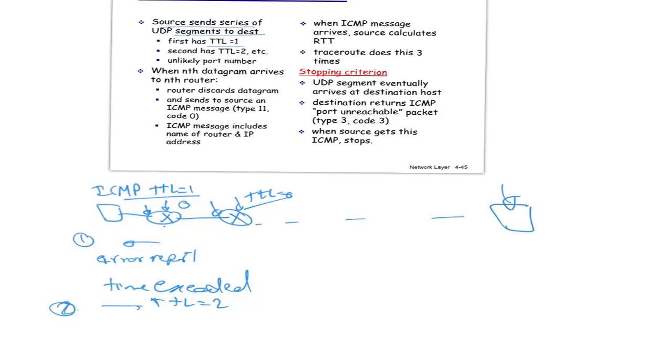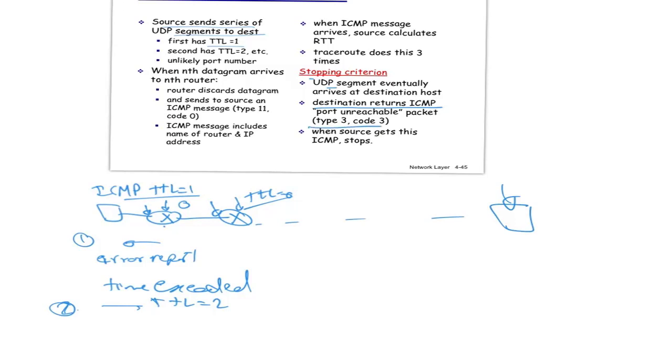So the stopping criteria here would be when the destination returns an ICMP port unreachable. Anything that's not TTL expired is a stopping criteria. Typically, this will be a port unreachable.